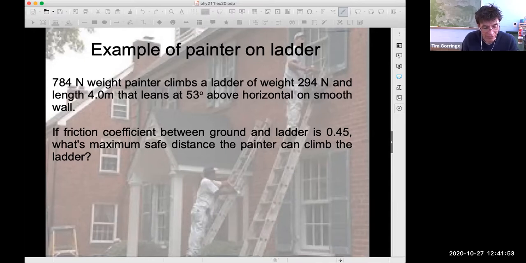Using that information and the coefficient of friction between the ladder and the ground, which is the reason that there is a frictional force between the ladder and the ground, and the reason that the ladder won't slide, we're going to calculate the maximum safe height, the maximum safe distance the painter can climb up the ladder. So that's going to be our problem.